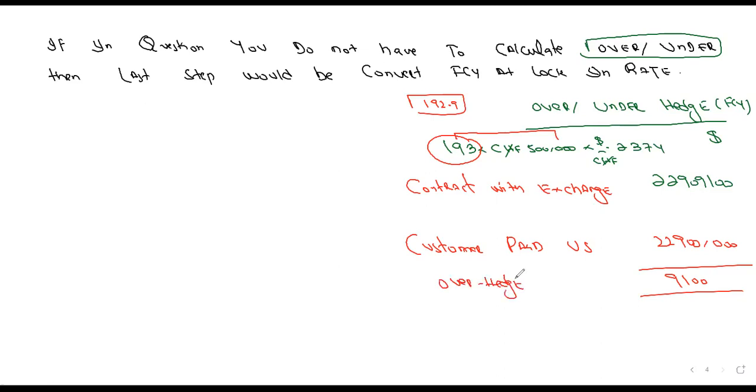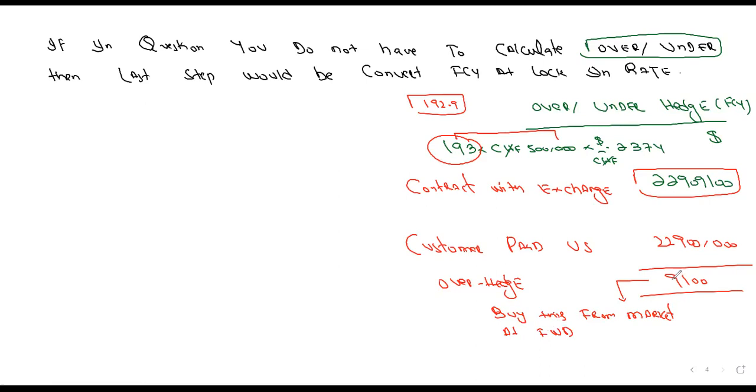Now again, try to understand. We had to deliver to the exchange these dollars, 22,909,100, but the customer is paying us lower. So what will you do? You will buy this from the market, at forward.